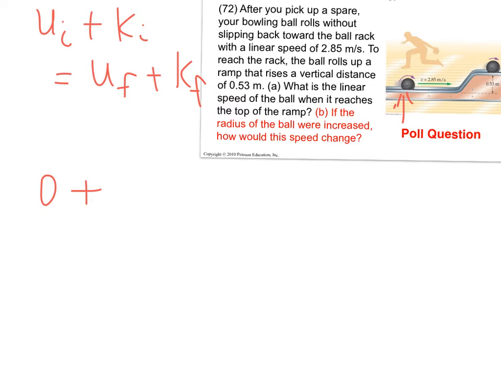Now, initially, your kinetic energy is 1/2 mv initial squared, all right, and you have the translational plus the rotational part. Now, as the ball rolls along, it doesn't change its shape, so its I doesn't change, its M doesn't change, its R doesn't change. This factor is actually a constant. Now, this is the initial kinetic energy.